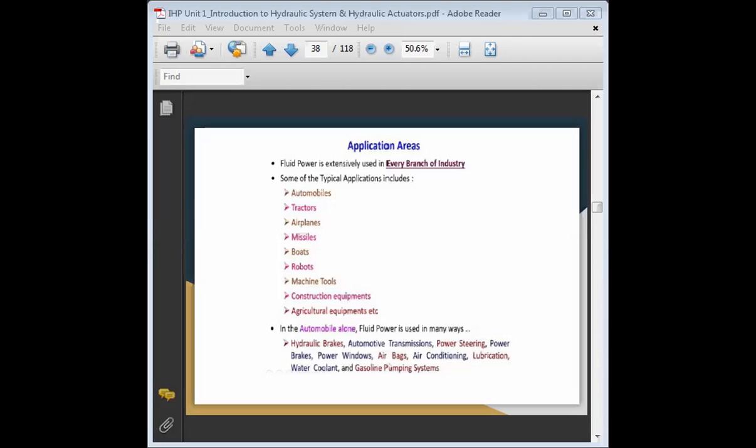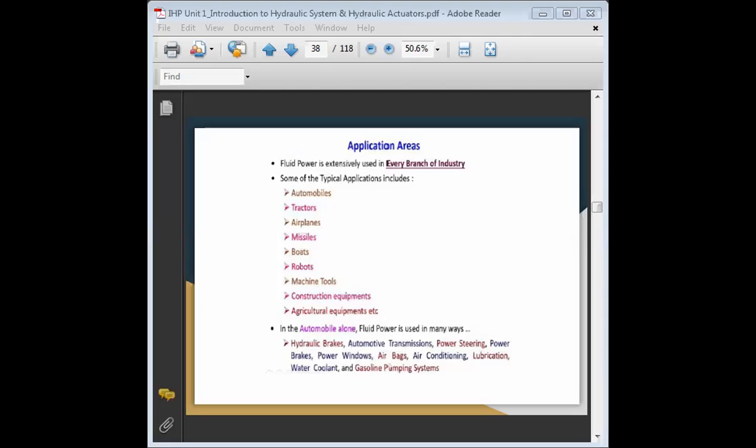So today we are going to see the next and very important point of our unit number 1, that is the applications of fluid power. You can see on the slide I have written the title: the application areas where we can use this fluid power.